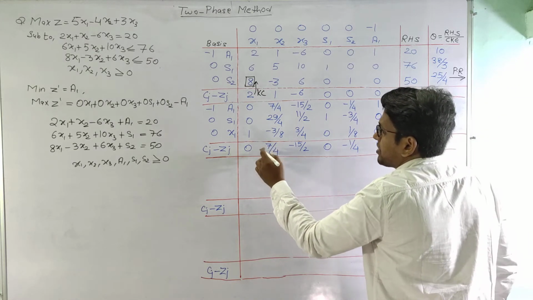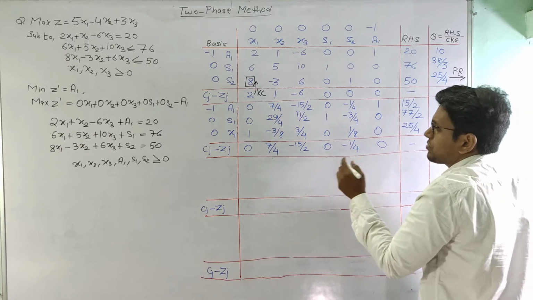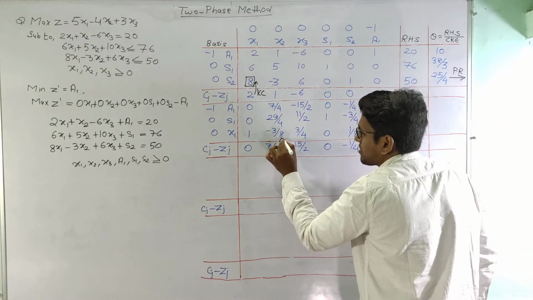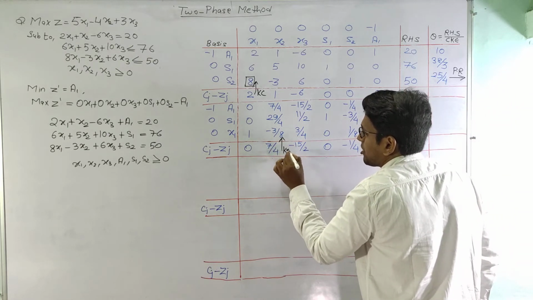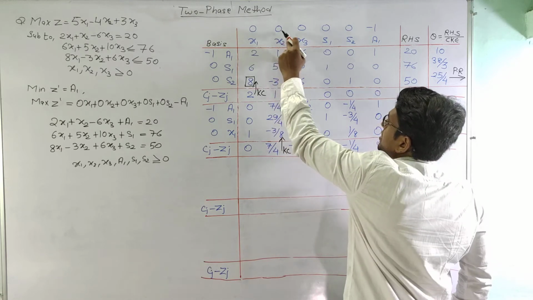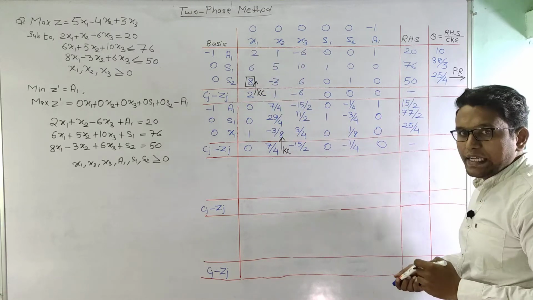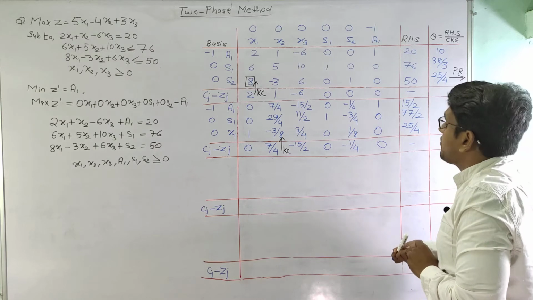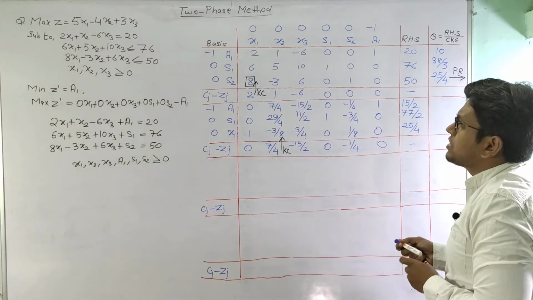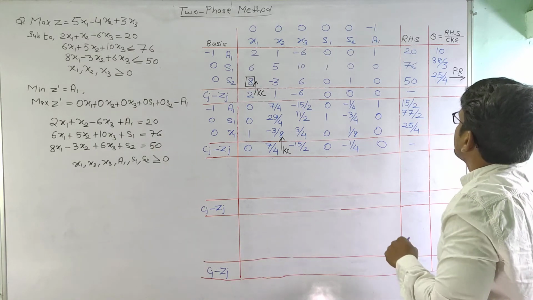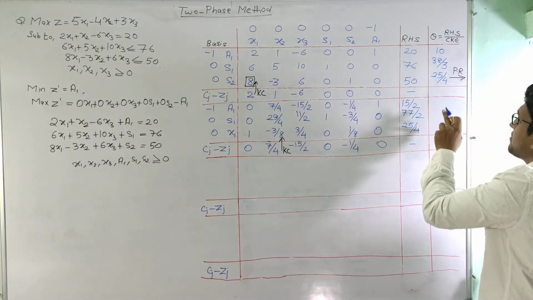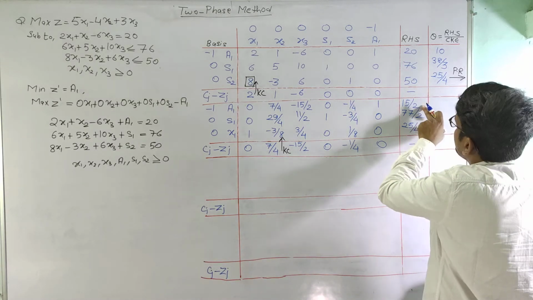As we can see now that there is one positive value appearing in the Cj minus Zj row, so we will select this as our key column, and this indicates that variable x2 will now enter the basis. To find the leaving variable, we need to again calculate the value theta, which is the right hand side value divided by the corresponding key column element.